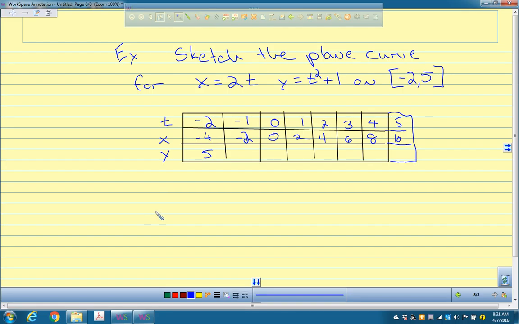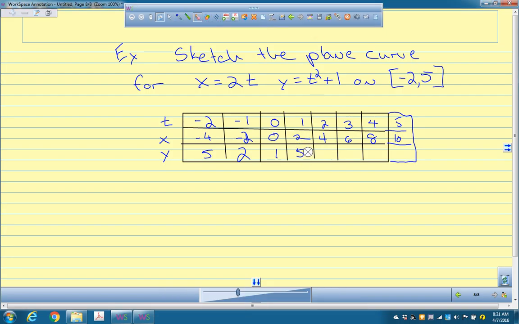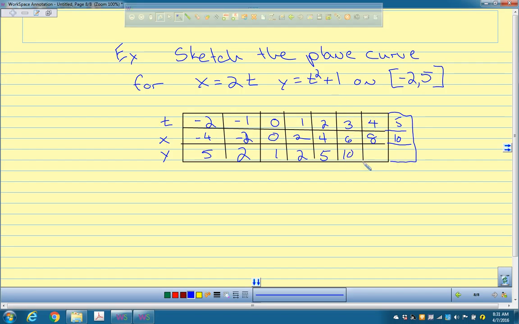Everyone see where I got 5? -2 squared is 4 plus 1 makes 5. -1 squared is 1 plus 1 makes 2. 0 squared plus 1 makes 1. 1 squared plus 1 makes 2. 2 squared plus 1 makes 5, right? 3 squared is 9, makes 10. 4 squared is 16, 17. 5 squared, 26.